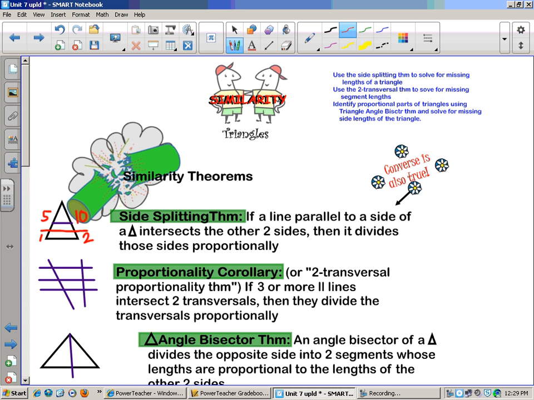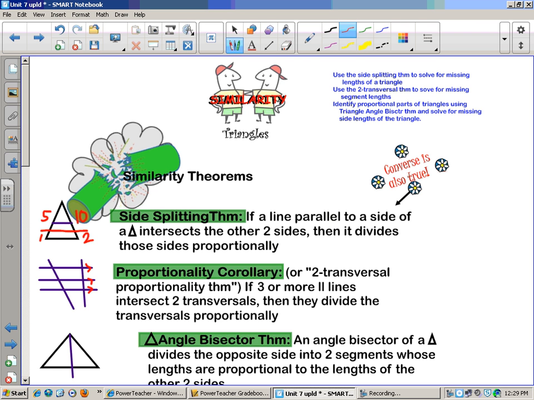And then the corollary to that, and corollary just means, oh, also, by the way, this also works, kind of an add-on to the theorem, that even if you don't have a triangle, even if you just have 2 transversals, but you still have these 3 parallel lines, it also splits the transversal into proportional pieces.